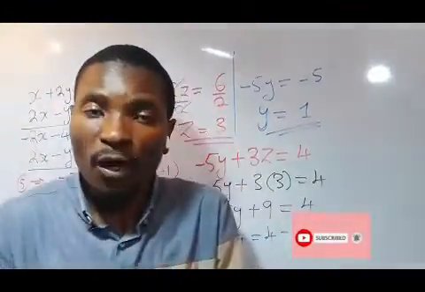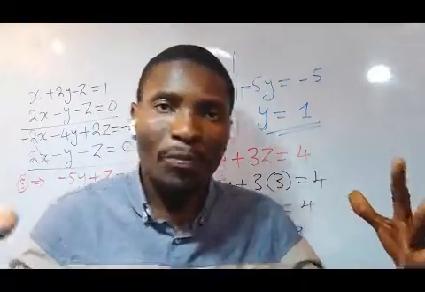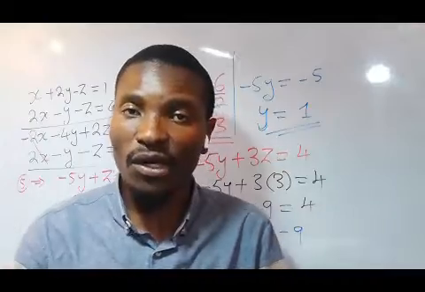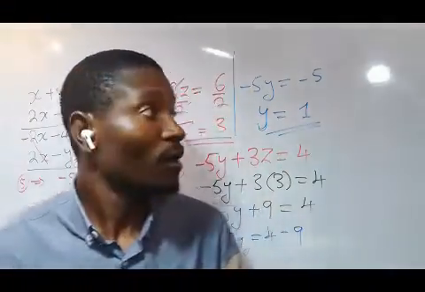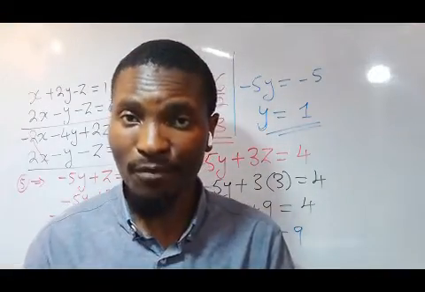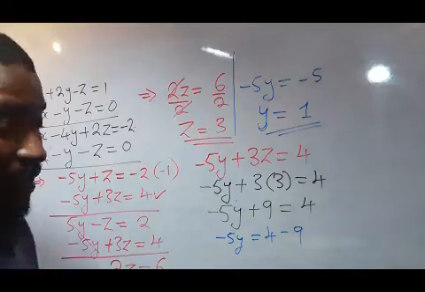So far we have two variables. In order to complete the set of ordered pairs, we need the value of x. So we have the value of y and the value of z, so let's now find the value of x.